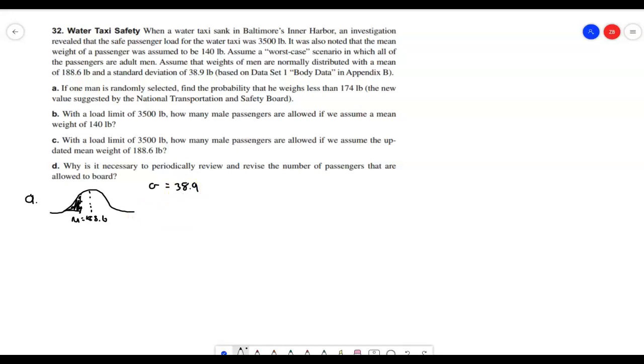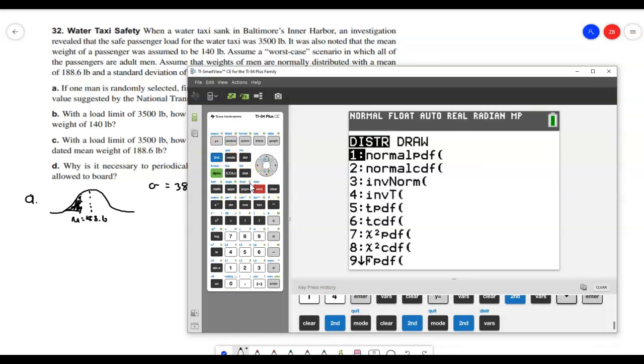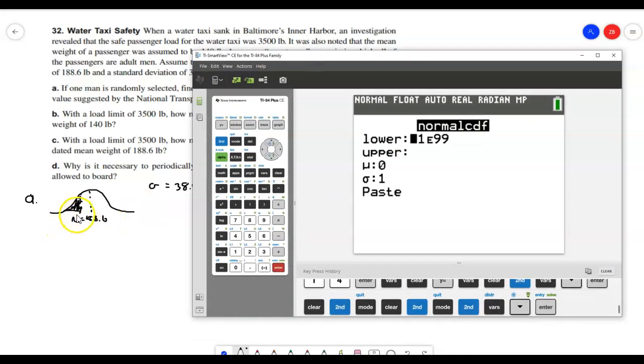The easiest way to do this is just to use my calculator. I'm going to go to second vars, which is your distribution menu. I'm going to go to normal CDF. My lower limit is where my shading starts. I always start on the left side.